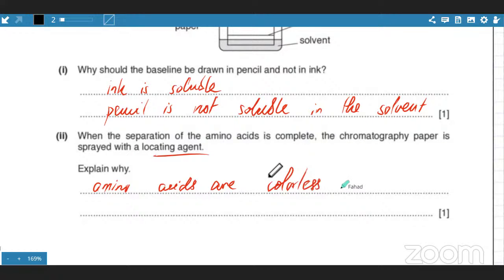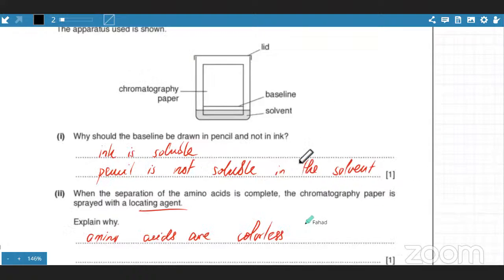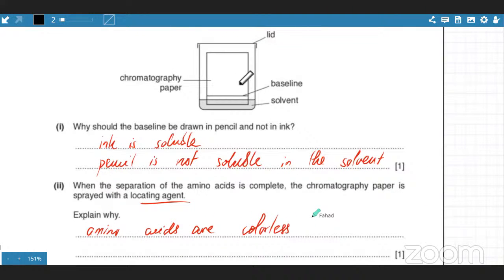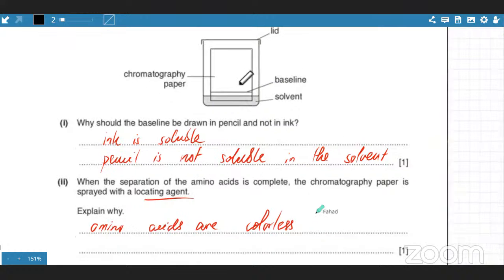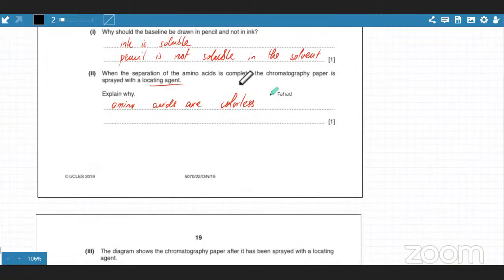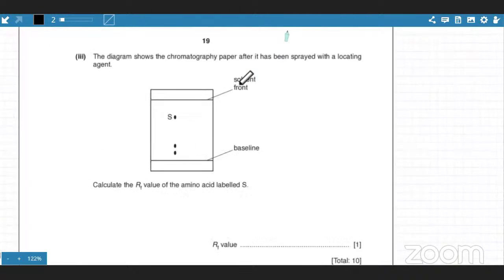Since they are colorless, you need locating agents, which make them colored. So they're colorless, and you can't really see them. So even if an amino acid travels upwards, you wouldn't be able to see it. So that's why a locating agent is a must. Anyway, there's another question coming up.